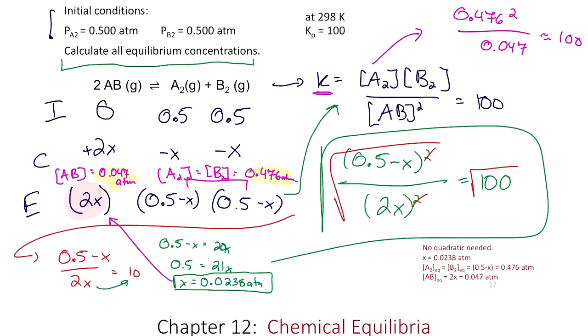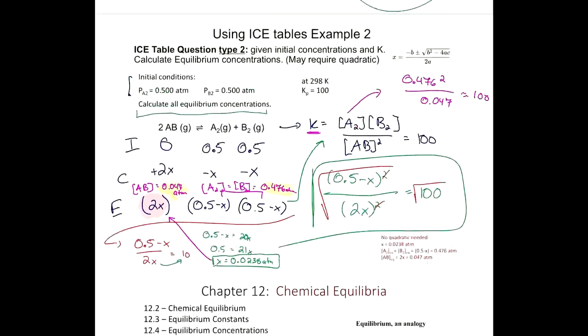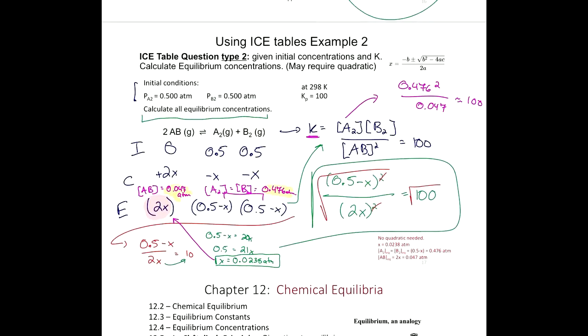If you put in those equilibrium concentrations we just calculated, that could help you double check yourself in an exam setting. Right, so here's another example of a type 2 question where I give you initial concentrations, but you can use a little trick to avoid the quadratic to get x and then ultimately the equilibrium line. All right, so that's our ICE table.